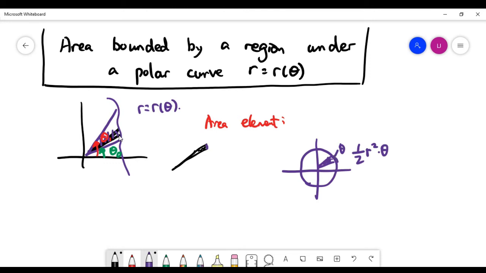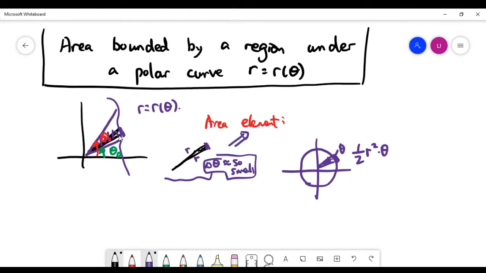If this length is an arc in a circle, then approximately speaking, when the angle is so small, this length around here you can really think of as an arc in a corresponding circle when the radius r is fixed. It only works, of course, when the difference of theta naught and theta 1 is so small that we can make such an approximation.